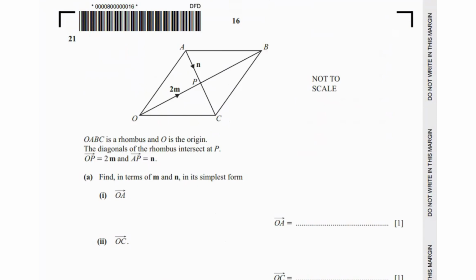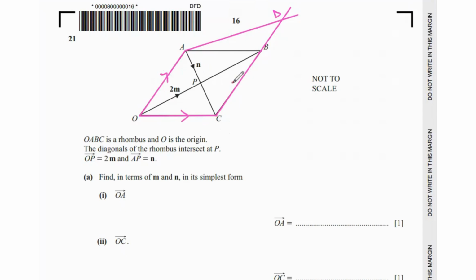So we can say that this is our trapezium. This is where D is. OA is this.